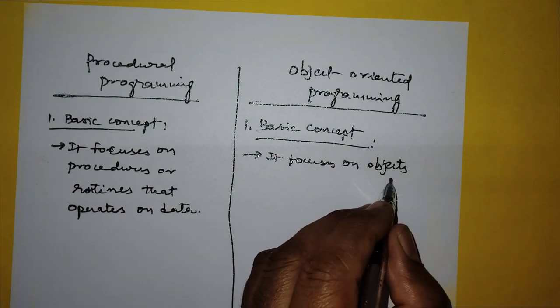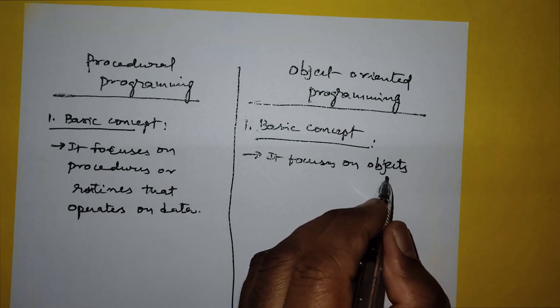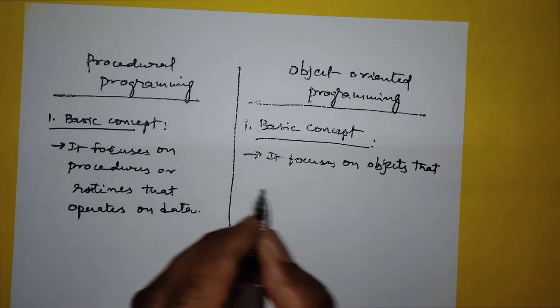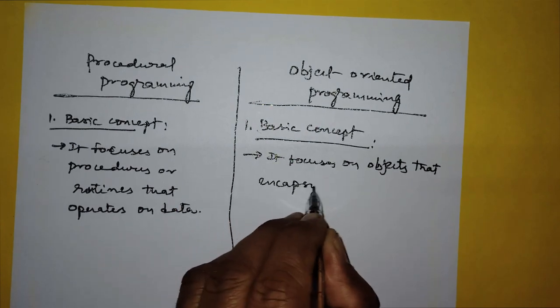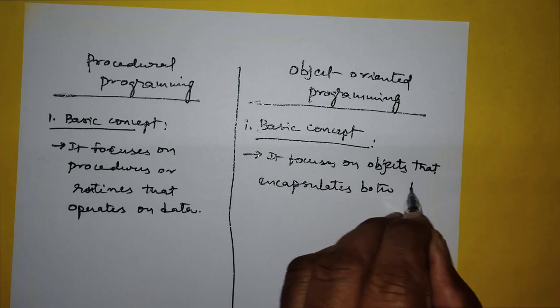What is an object? It is an instance of the class that encapsulates both data and behavior.